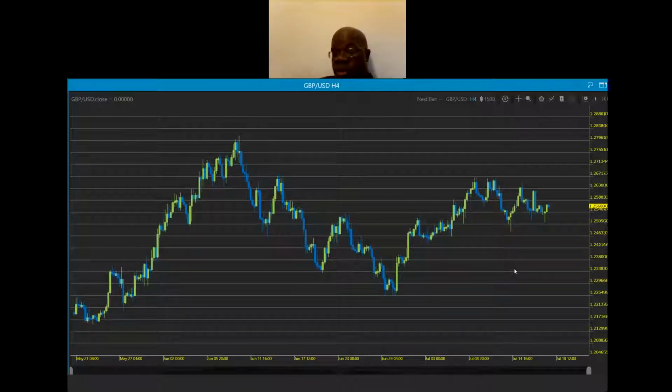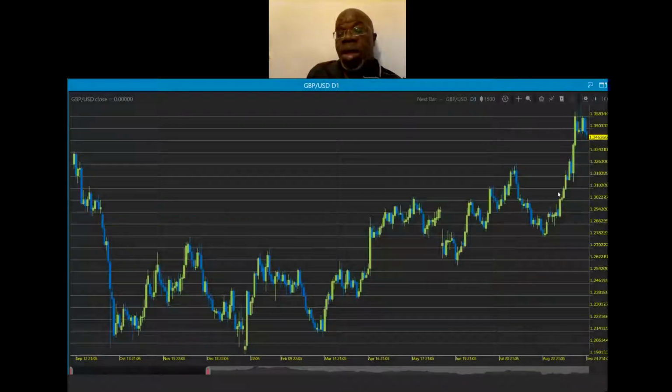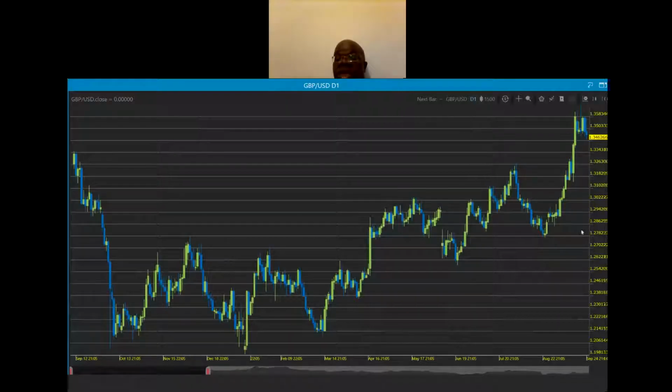So you mark your support and resistance, especially on the bigger time frame, so that during the week I then pretty much do my trades between the big support and resistance points. So if you look at the daily or the 4-hour, I normally use the daily over the weekend just to kind of have an idea of what will be happening. But then as the week goes, I come down to a smaller time frame to trade what I thought I saw.